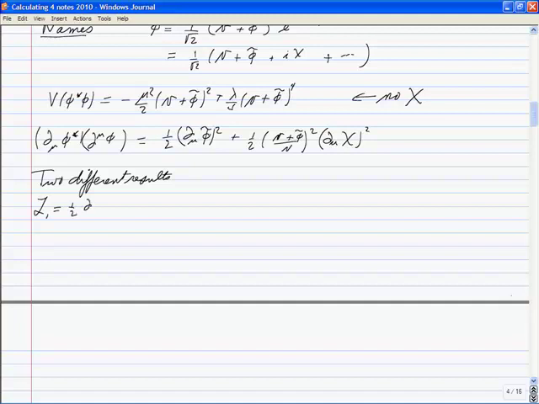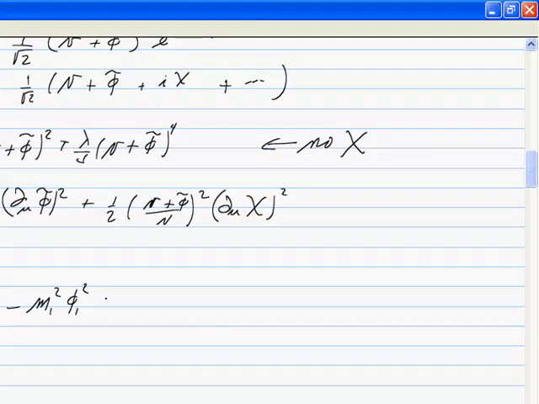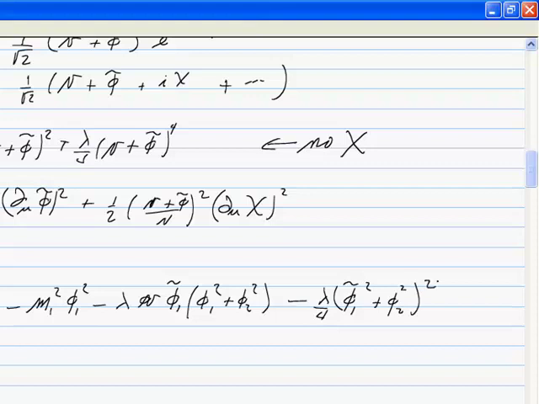L1 is 1/2 d mu phi 1 twiddle squared plus 1/2 d mu phi 2 squared minus m1 squared phi 1 squared minus lambda v phi 1 (phi 1 squared plus phi 2 squared) minus lambda over 4 (phi 1 squared plus phi 2 squared) squared.